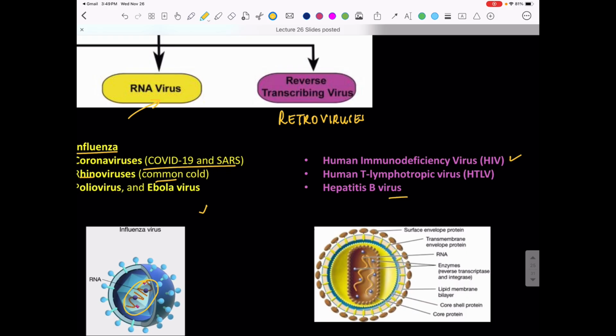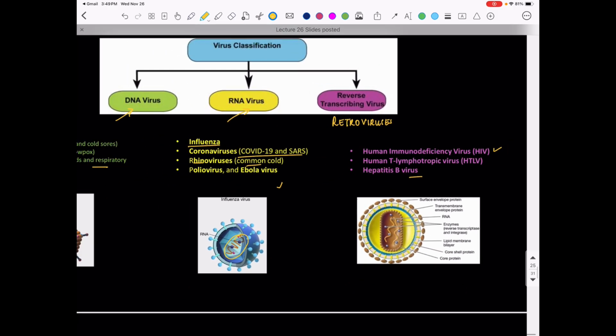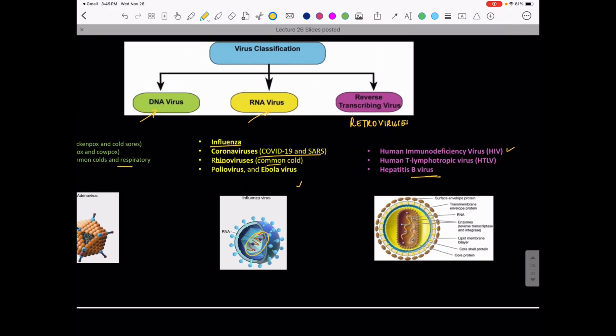Because they can get integrated into the host genome, it is very hard to track them or inactivate them once they are in the host genome, and that is why it becomes really hard to target HIV or the hepatitis B virus.